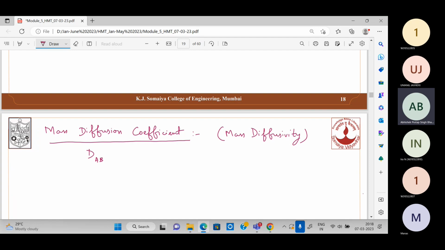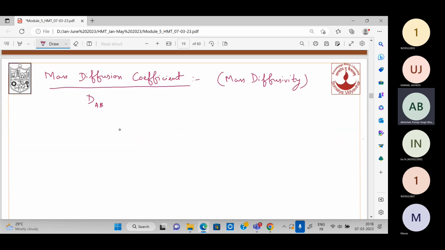So what is the relation? We can say this diffusion coefficient is directly proportional to T to the power 3 by 2 and inversely proportional to P. We have applied the kinetic theory of gases: as the temperature increases, the diffusion coefficient will increase, and as the pressure increases, the diffusion coefficient will decrease.